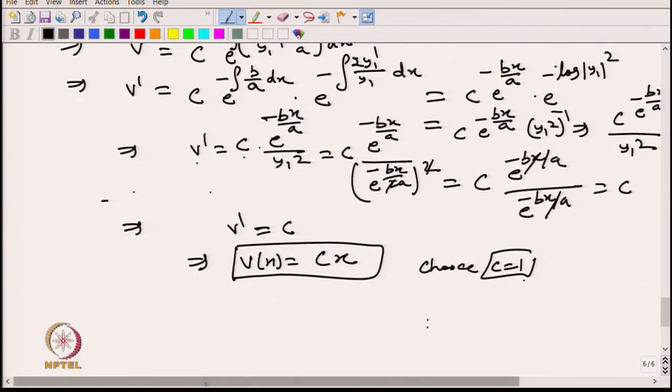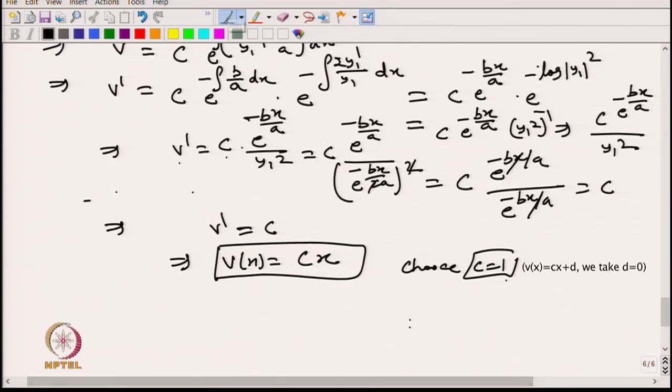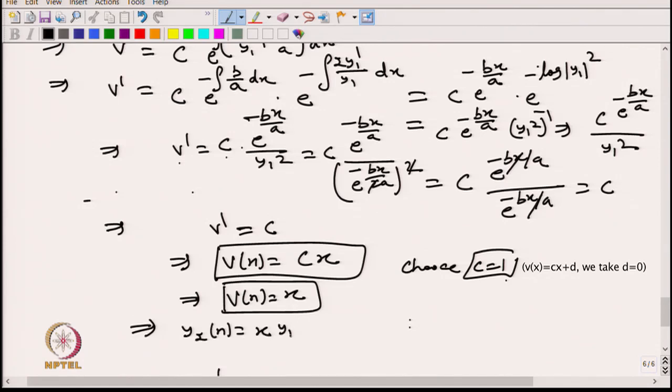So, from here I can define that my Vx will be x. So, if I choose Vx equal to x, then I can define that my y2x will be x into y1x, and y1x was, so it will be x e raised to power minus bx by 2a.